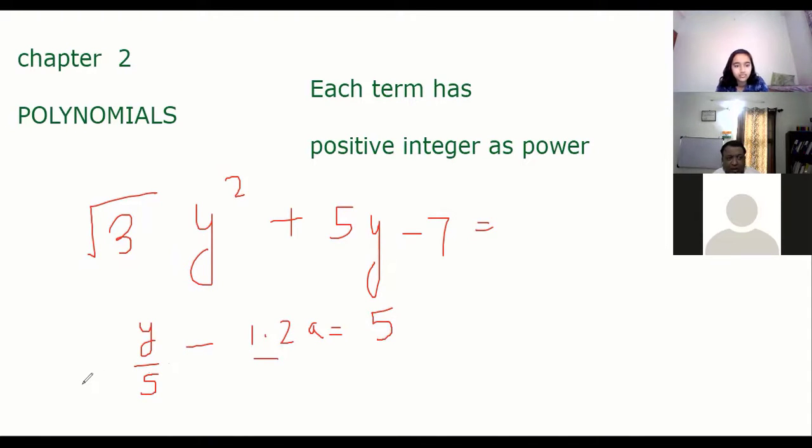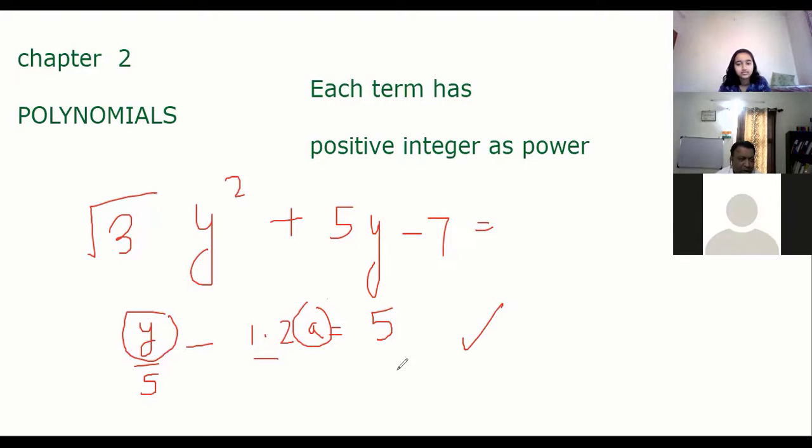Is it a polynomial or not, Lesha? Sir, polynomial. Correct. Why is it a polynomial, Lesha? Because here the power of the y variable is 1, which is a positive integer. So it is a polynomial.